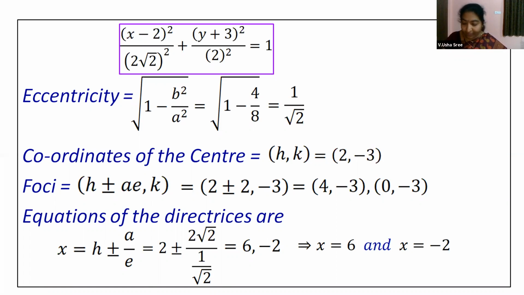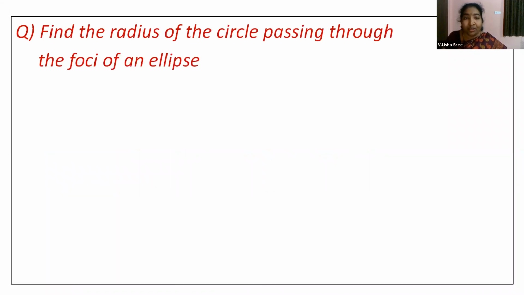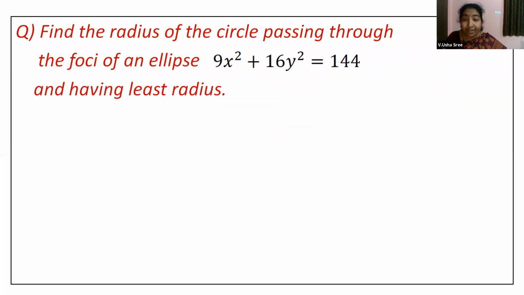Now, we'll see a problem. Find the radius of the circle passing through the foci of an ellipse 9x square plus 16y square is equal to 144 and having least radius. Now, we will analyze the question one by one and try to solve this problem.